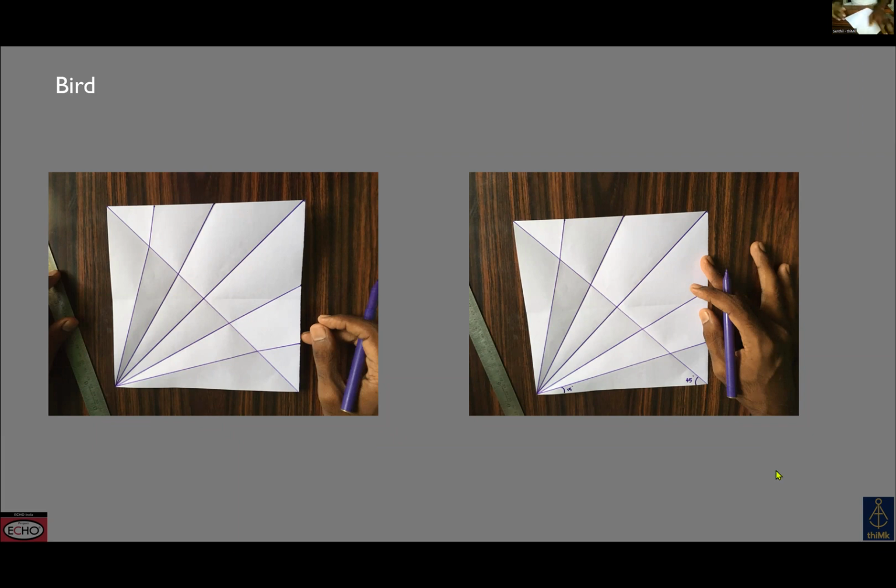And you also know that this is 45, and this whole thing is 90, and half of this is 45, and that has been divided into 3 segments. So this is 15 degrees, the first one here, and so this is 15 plus 45, that's 60, and so this is 120.